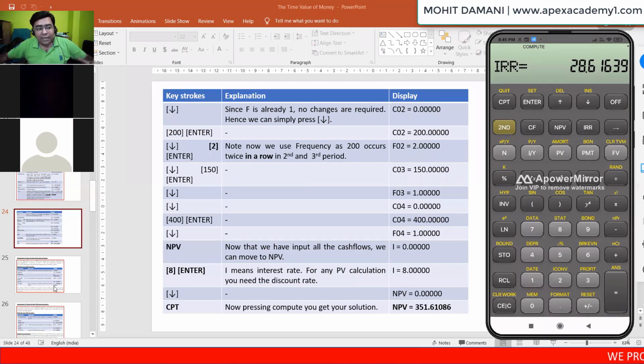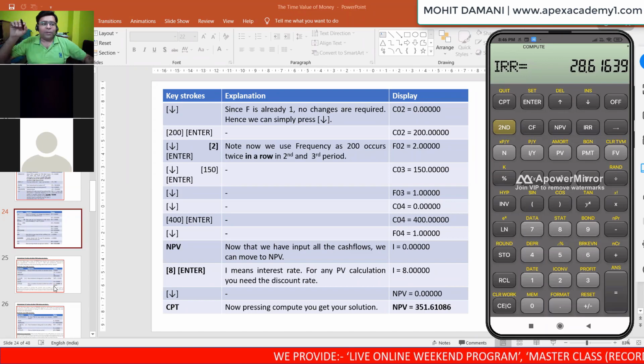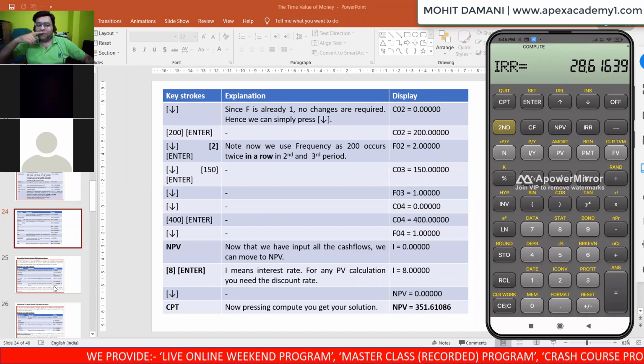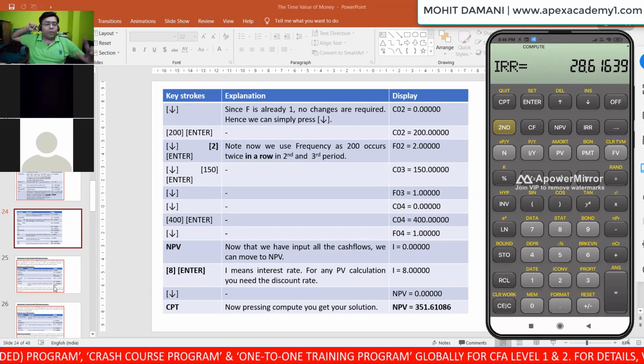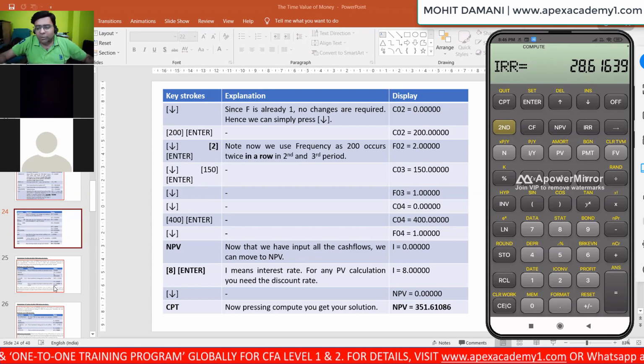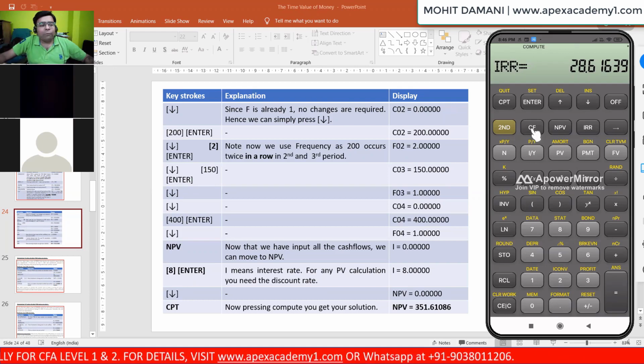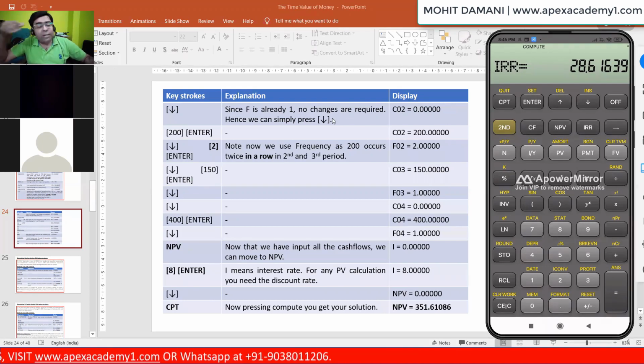No, we cannot do that. There is no direct button. What you have to do is enter all the inflows that you are getting, and you will have to enter the discount rate. But what discount rate will you enter? That is the question. No, you cannot get that.